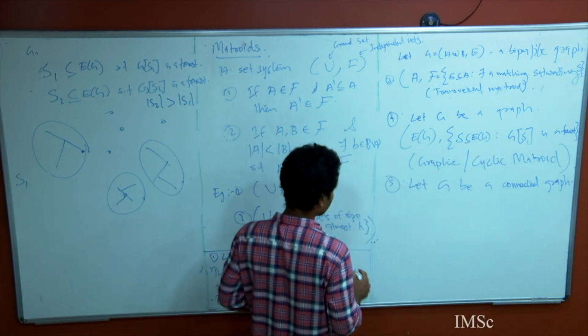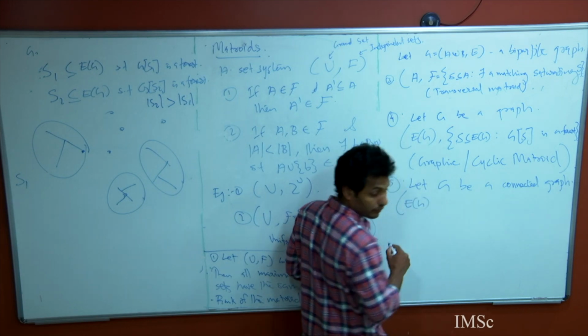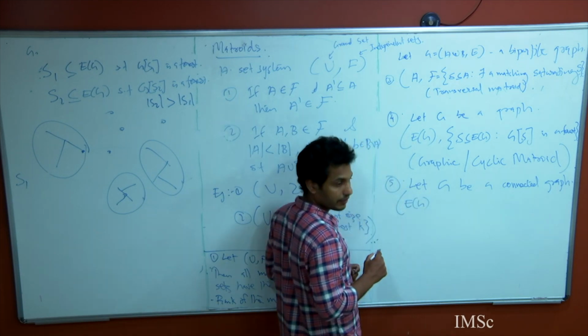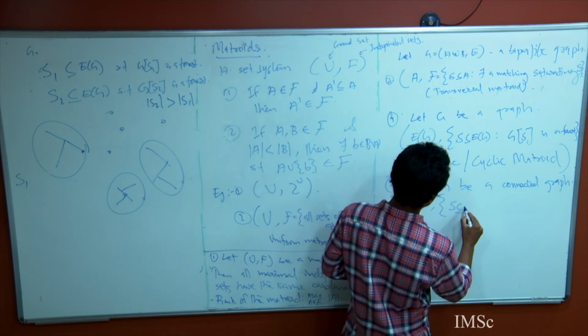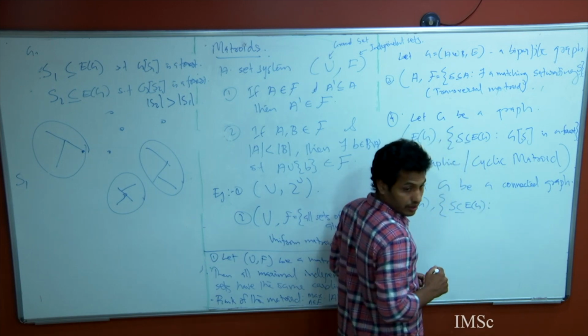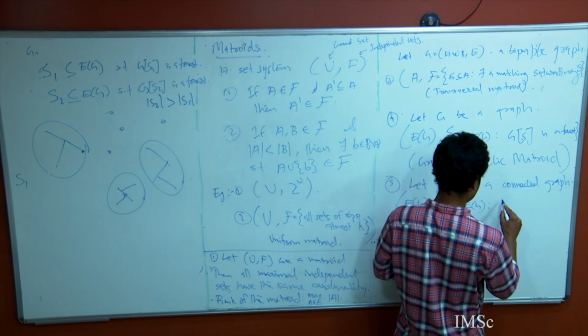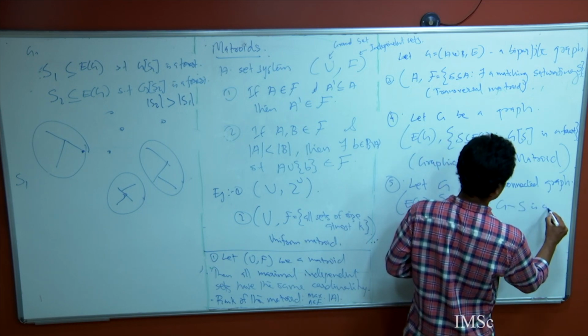And then again the ground set is the set of edges in the graph, and the family is the sets S, a subset of the edges, such that G minus S is connected.